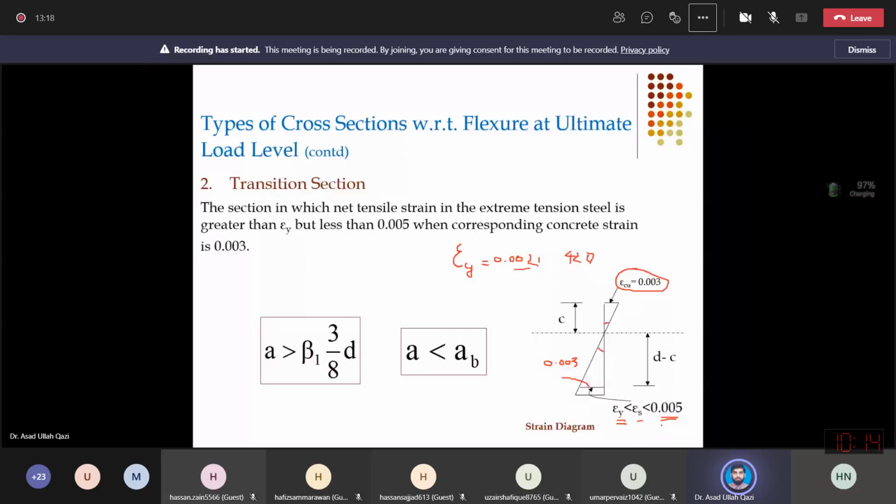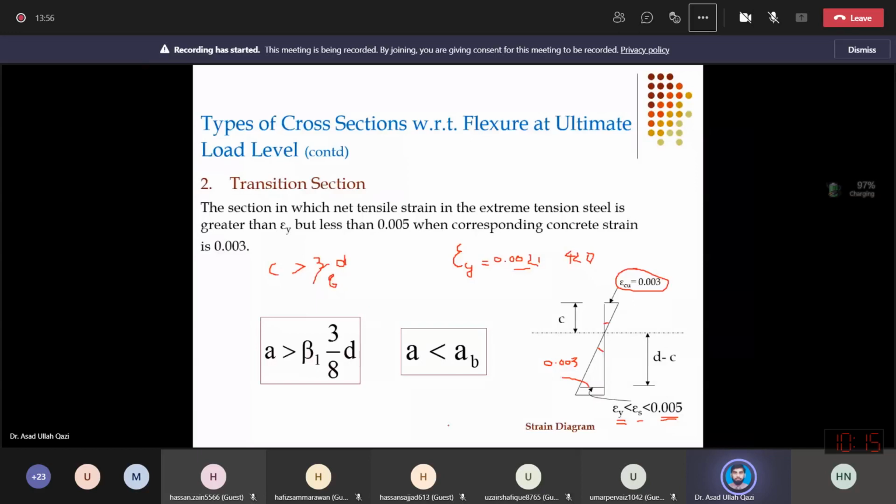So in a way, we can then state that when I will calculate the C value using this strain diagram, obviously I will get C greater than 3/8 D, and corresponding A will be also greater than beta 1 into 3/8 D.